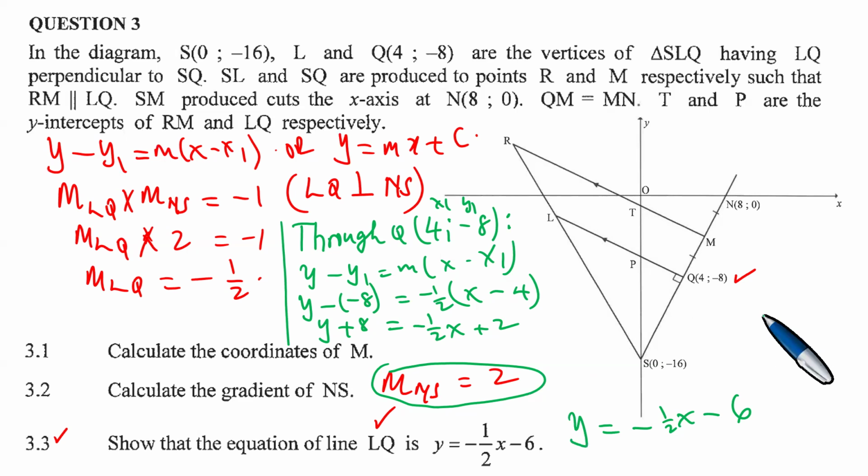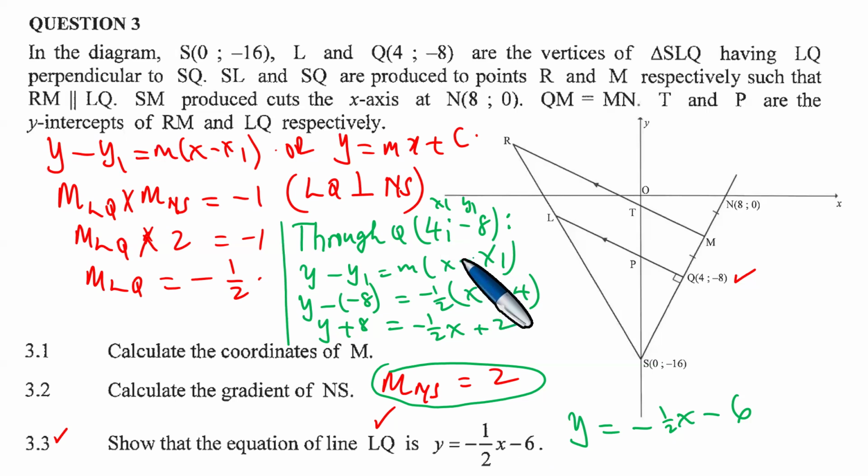We have been able, therefore, to show that the equation of the line LQ is y equals -1/2 x minus 6, because the examiner gave us the answer. So y equals -1/2 x minus 6. And that is what we've shown.